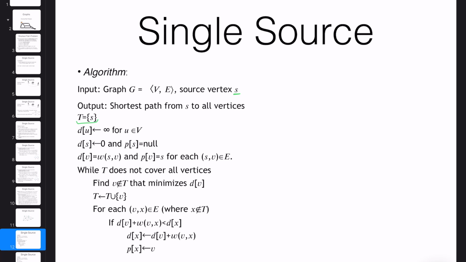At the beginning, the distance of all the nodes is going to be infinite, except S, which we assign 0. The cost of reaching from S to S is going to be 0. And we are also going to keep an array of parents. This array P is going to tell me from which node you have visited the node.